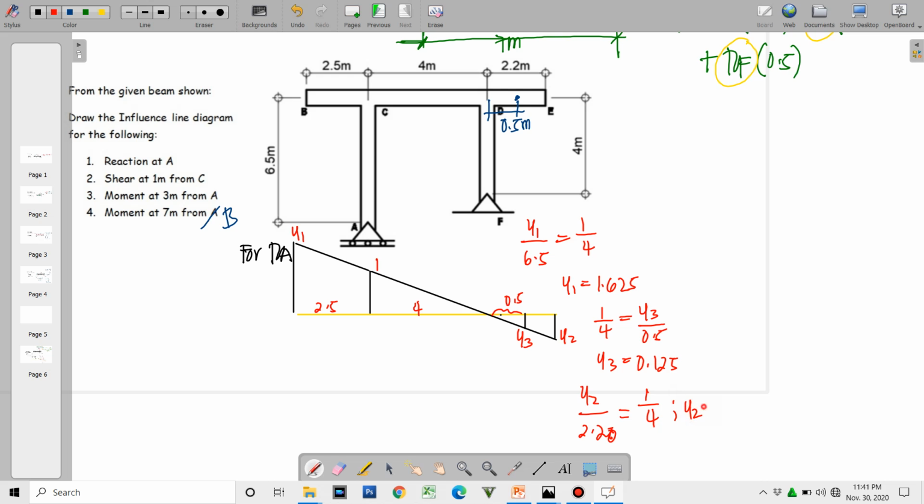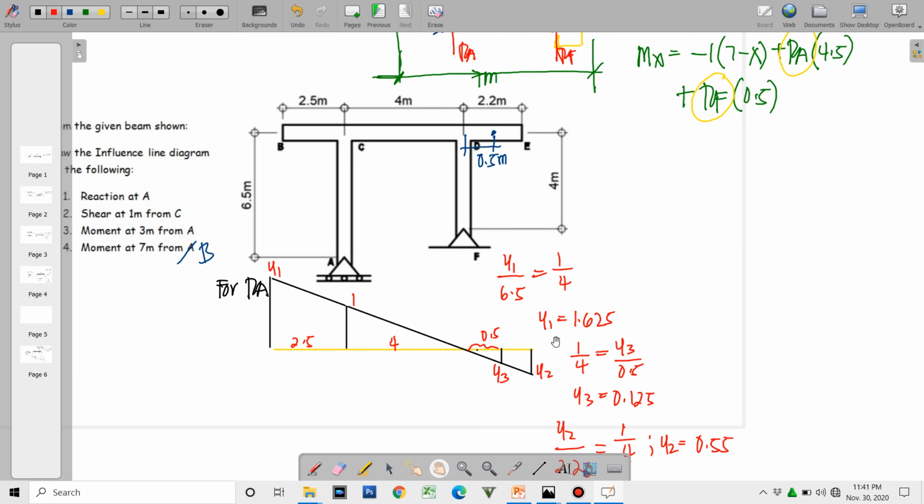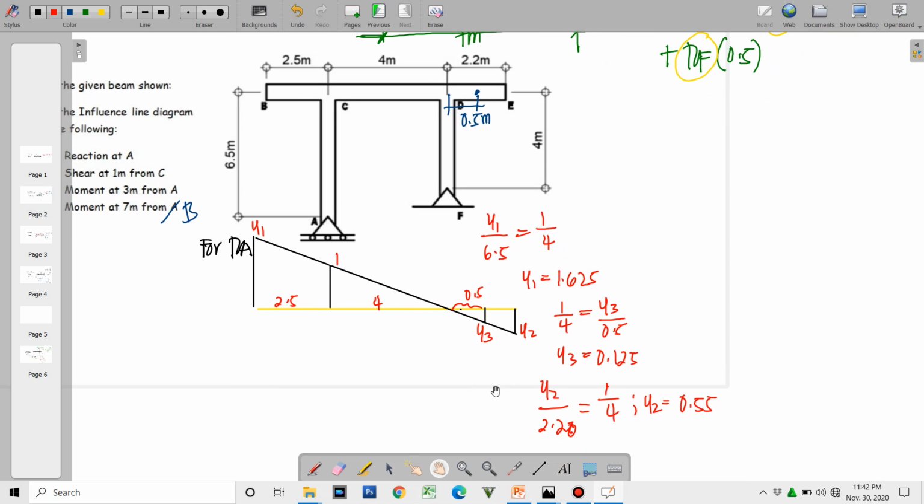Therefore, y2 is 2.2 all over 4. That is equivalent to 0.55. So we have the complete coordinates, or we have just computed what we needed on the influence line diagram for RE.